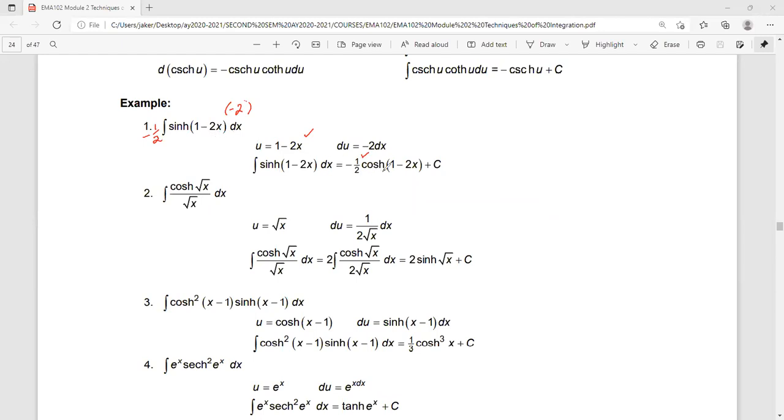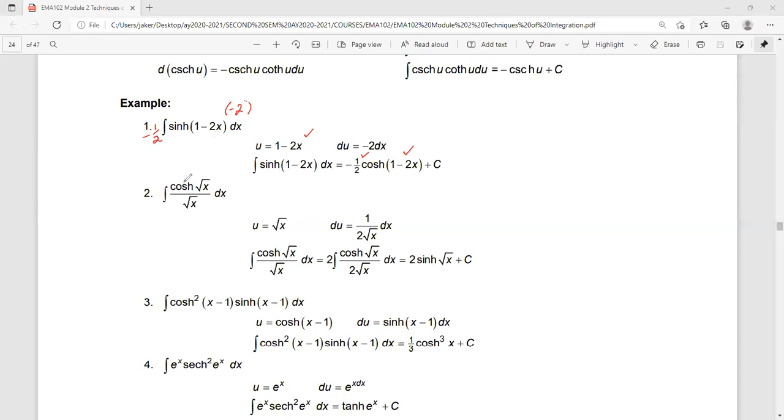That's the hyperbolic cosine, and you just copy the u, which is 1 minus 2x. So now it's negative 1/2, coming from the negative 1/2 which you have introduced here, hyperbolic cosine of 1 minus 2x, which is your u. Do you follow? So it's actually the same as the trigonometric function. The only difference is the signs in two formulas. The rest of the formulas are exactly the same as the trigonometric functions.